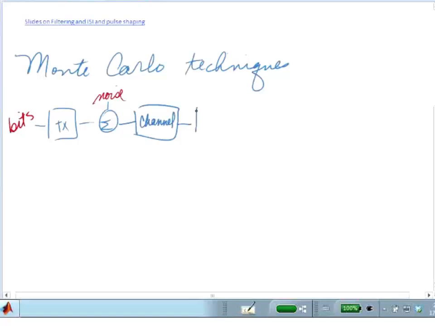Then I'll have some receiver I'm testing. I get out something called a decision statistic. I have a decision rule, which makes me pick what bit was sent. So here I have a bit estimate.